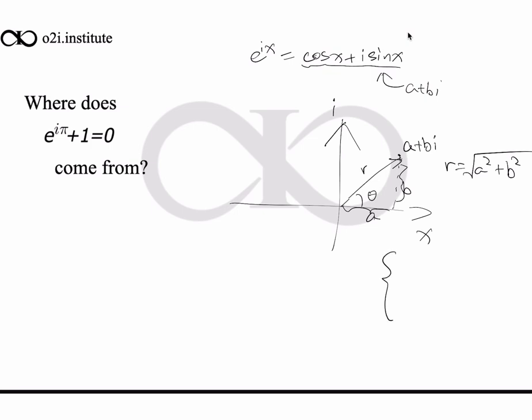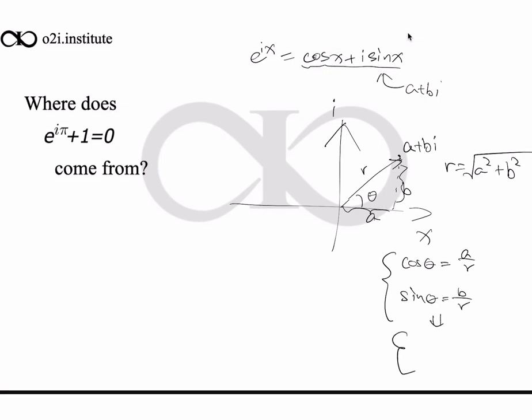Okay, we know cosine theta equals a over r, and sine theta equals b over r. Now, let's reorganize this into a equals r times cosine theta, and then b equals r times sine theta. Now we have both a and b expressed by r and theta using trigonometry.